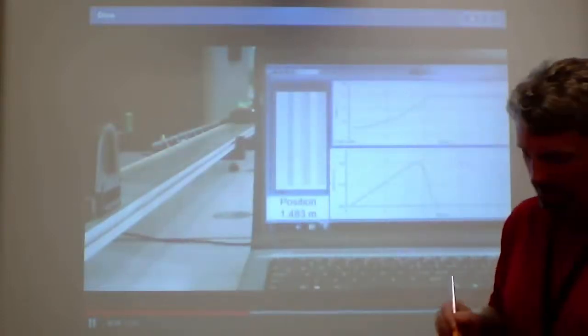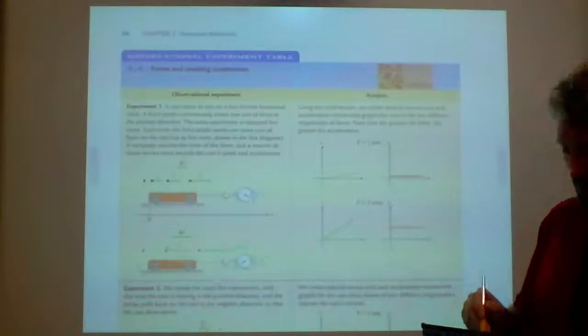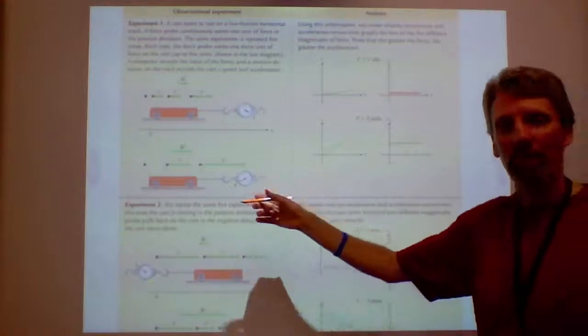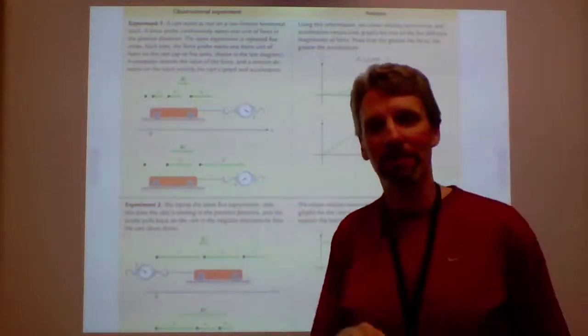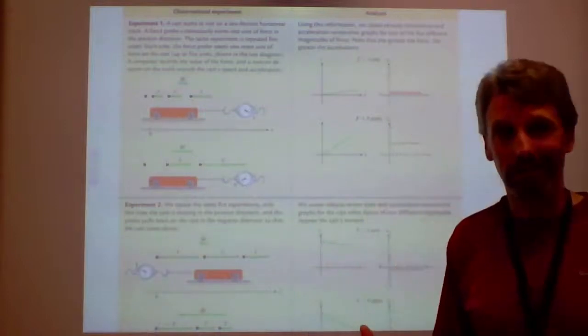So it shows you a little video there that goes along with this experiment table right here. It's describing the experiment in the table in the eText, and then when you click on that hyperlink to the video, it shows you actually conducting the experiment.